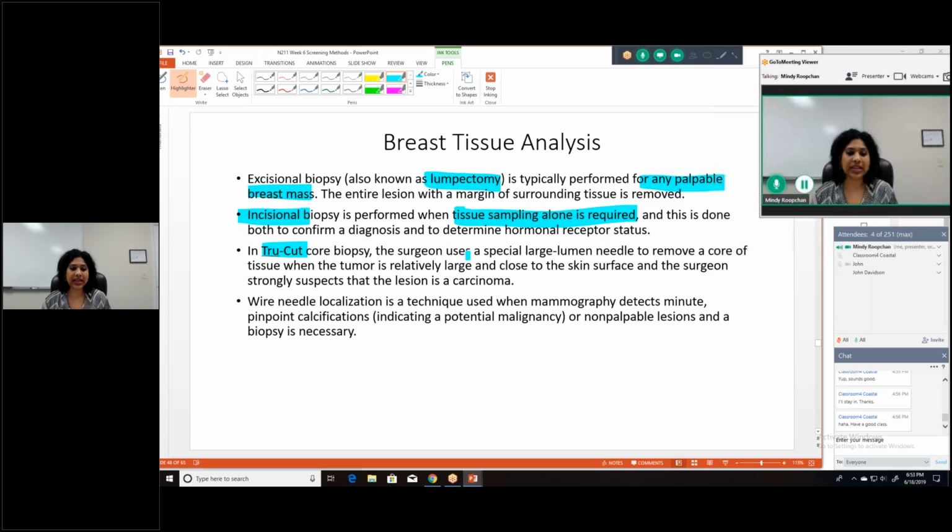A true cut is when the surgeon uses a special large lumen needle to remove a core of tissue when the tumor is relatively large and close to the skin's surface, when they suspect a carcinoma lesion. And then wire needle localization is a technique used when mammography detects minute pinpoint calcifications, indicating a possible malignancy.